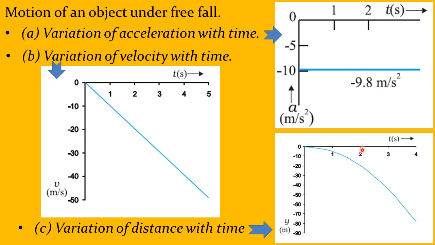In 2 seconds, the distance traveled is probably 20 or 21. Similarly, at the end of 3 seconds, the distance traveled is more. See, it is not a straight line graph. It is a graph which is curved. So it shows that the distance traveled is increasing as I am increasing the time.